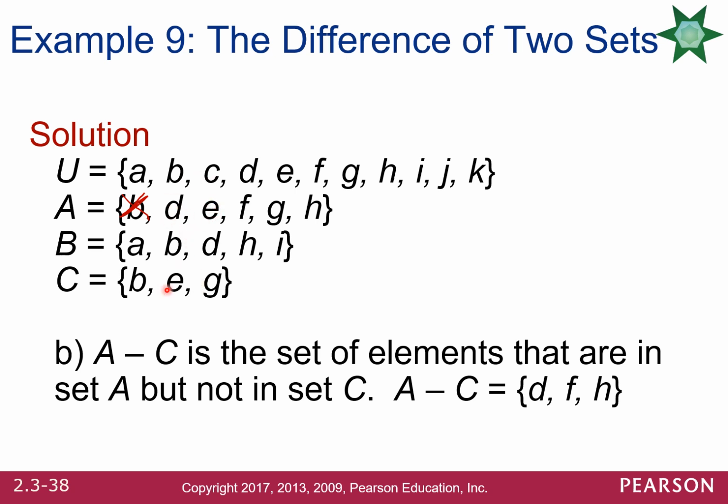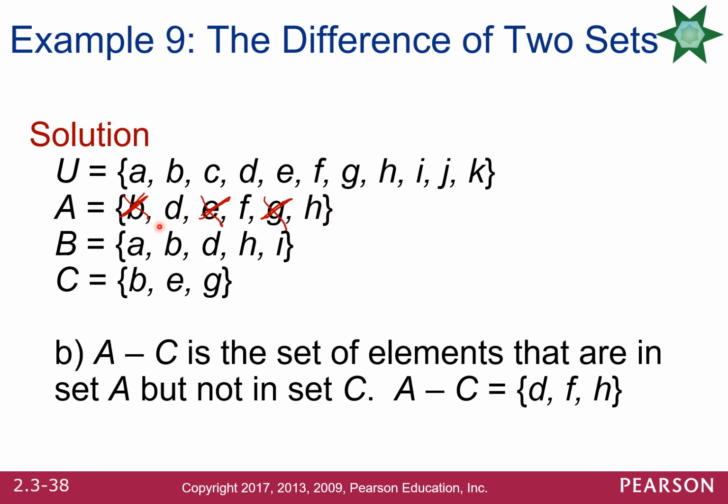E exists in set C, so let's cross out the E from A. Then we have an F. F does not exist in C, so we are good. G exists in set C, so we have to cross this G out. And finally, there is the H, and H does not exist in C, so we are good.